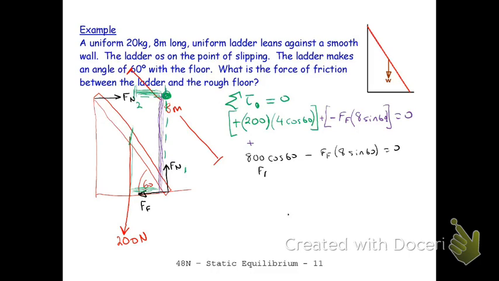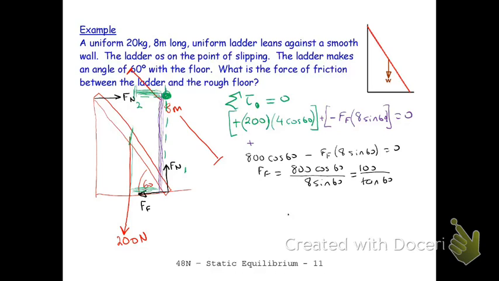So FF is equal to 800 cosine 60 divided by 8 sine 60, which equals 100 times cosine over sine, and a cosine over a sine is 1 over tan 60. You don't have to know that trig. You can just work out what cosine 60 is and divide it by what sine 60 is.